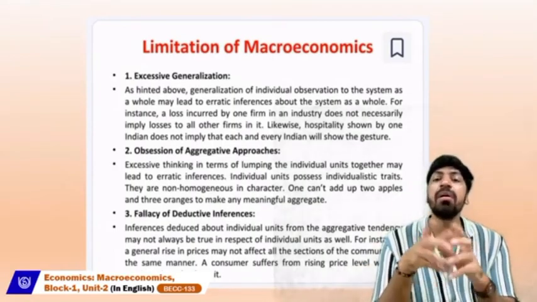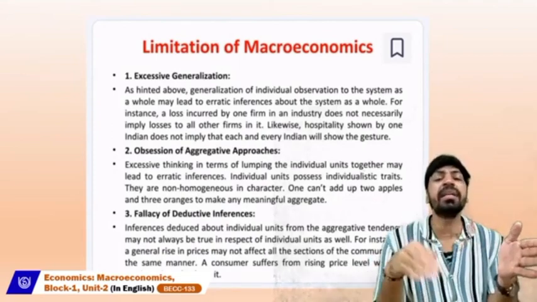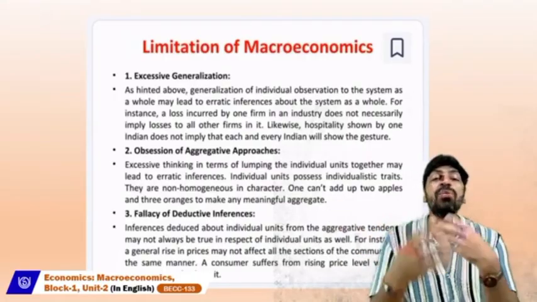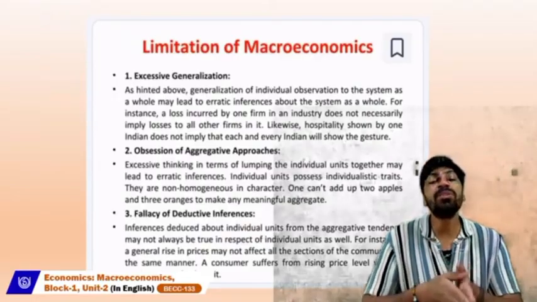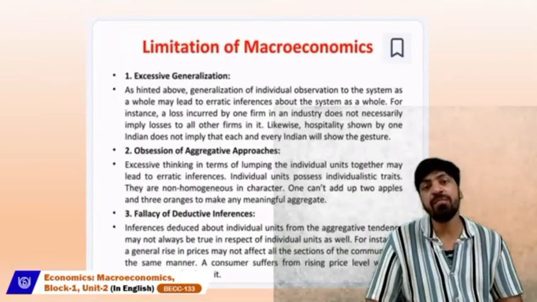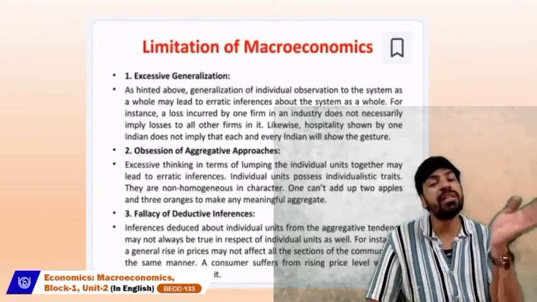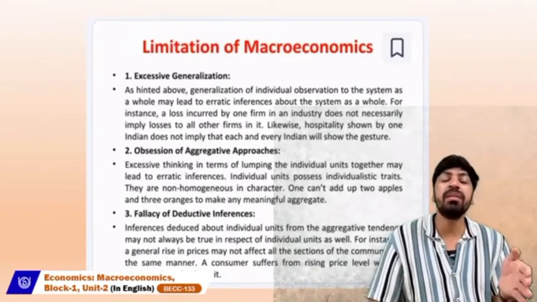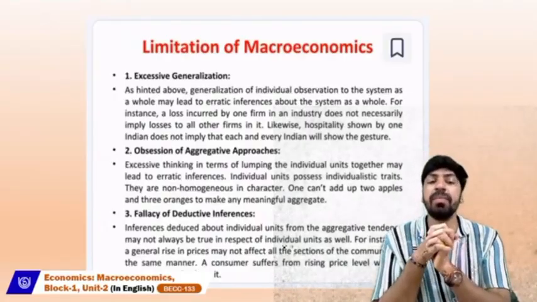If we talk about the hospitality shown by one Indian, it does not necessarily imply that every Indian shows the same gesture and the same respect in hospitality to everyone. So that is also one of the limitations of macroeconomics, where generalizing individual observation to a system creates havoc about the whole system.